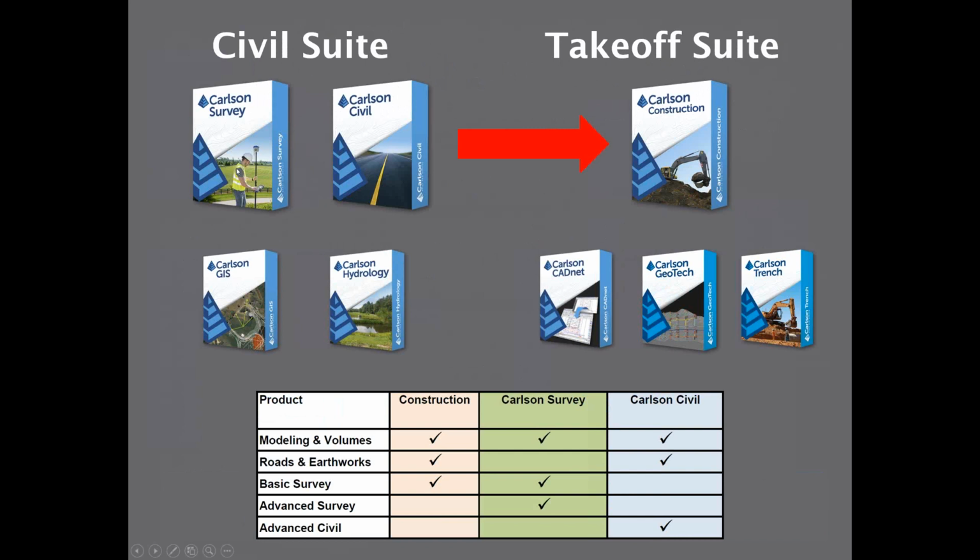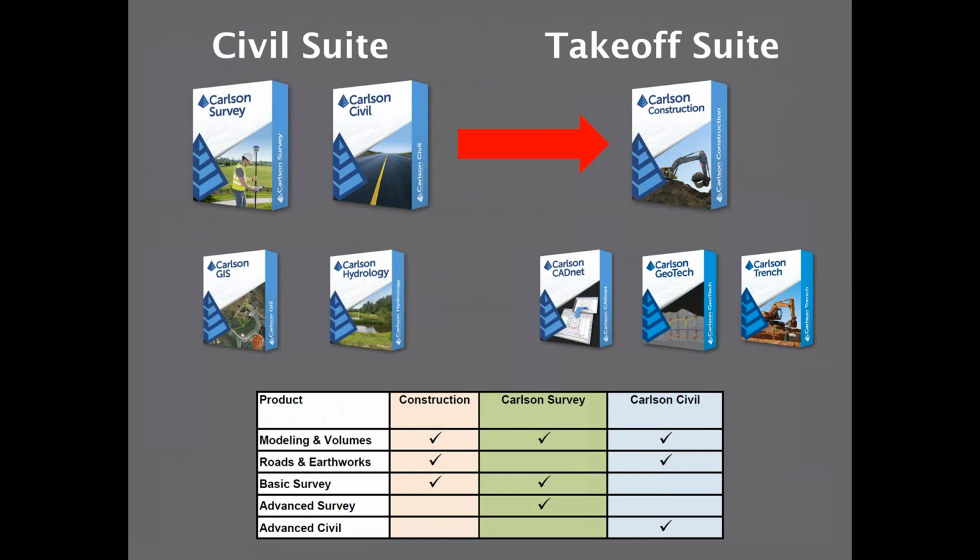So if you have Civil Suite, you've got Survey and Civil, and almost right down the line, the programs in Carlson Construction are the same as what's in Survey and Civil. So why is that important? Well, the whole Civil Suite, I'm going to talk just round numbers here, costs $39.50.